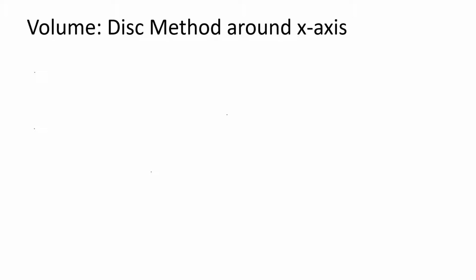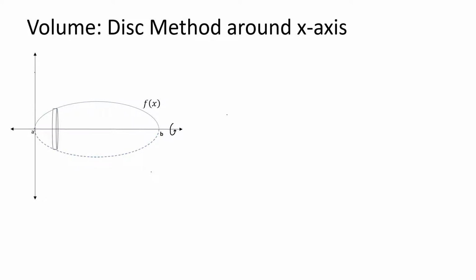Let's take a look at this example. So let's say we have f of x from a to b. Let's say we want to rotate that area around the x-axis. So that means you're going to have a circle forming since you're spinning around the x-axis.